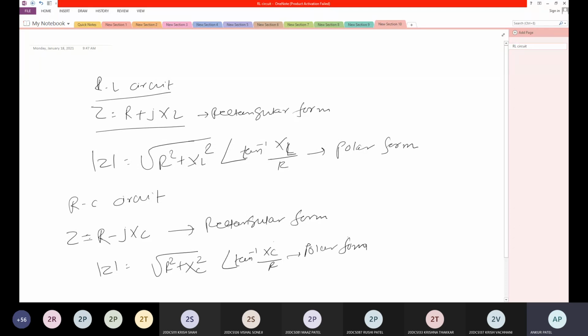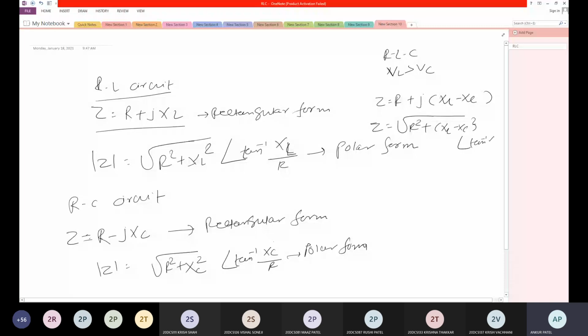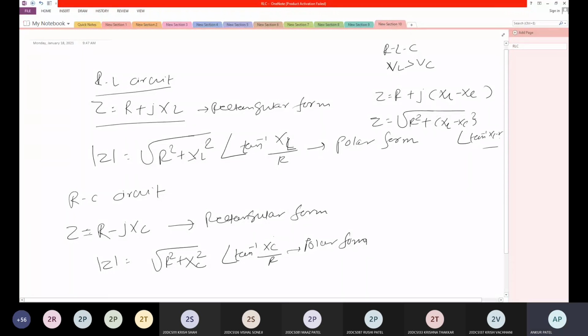And for an RLC series circuit, we have three conditions. Suppose I am considering VL greater than VC, so I can write Z equal to R plus j(XL minus XC), or in polar form Z is equal to under root R square plus (XL minus XC) whole square, angle tan inverse (XL minus XC) by R. So this is the calculation of impedance.